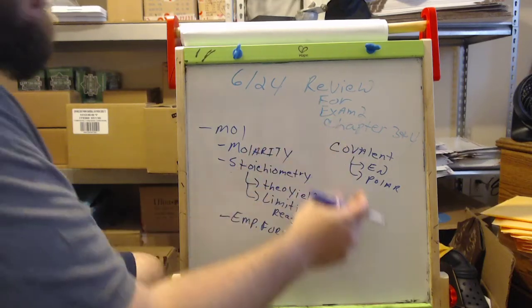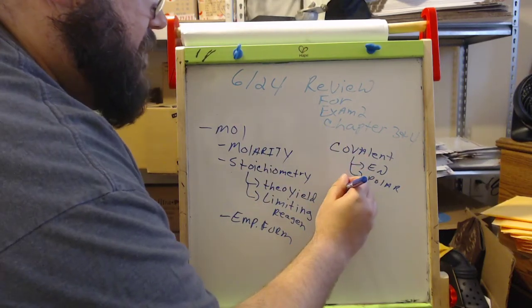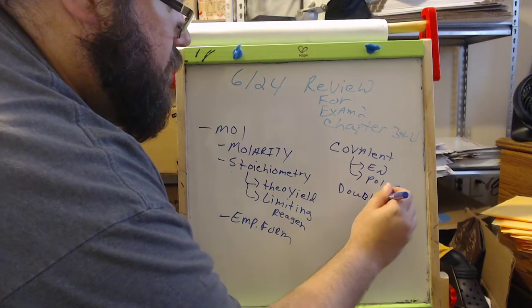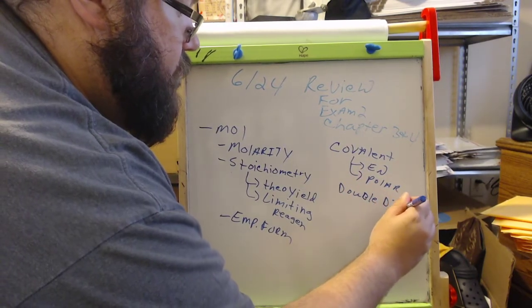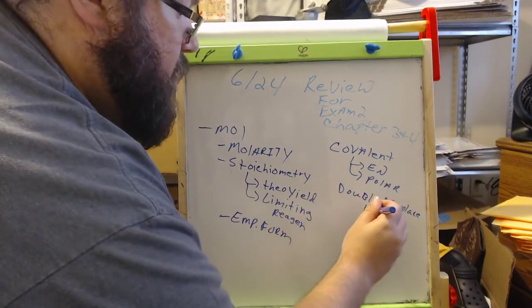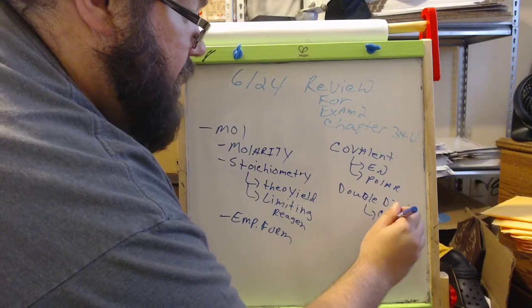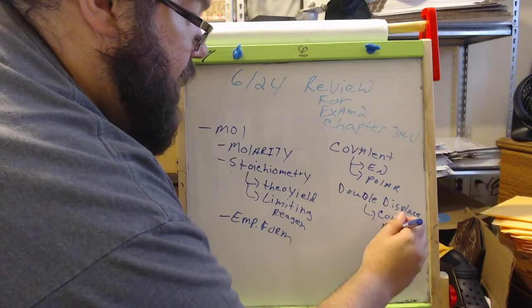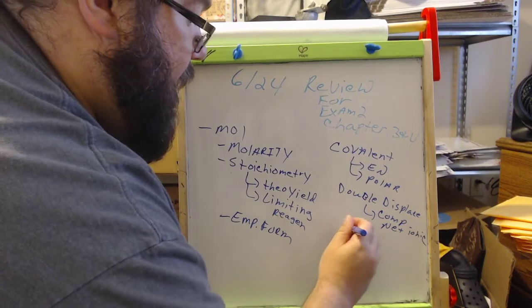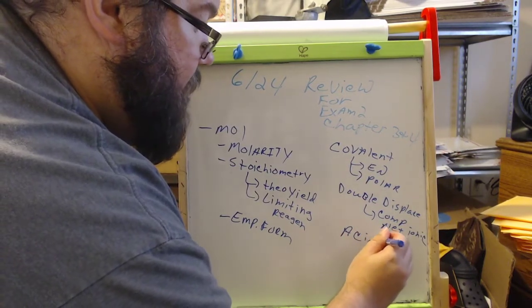Now, if we keep going here, we have double displacement reactions. Okay, which leads us to our complete and net ionic equations. We have all that acid and base stuff.